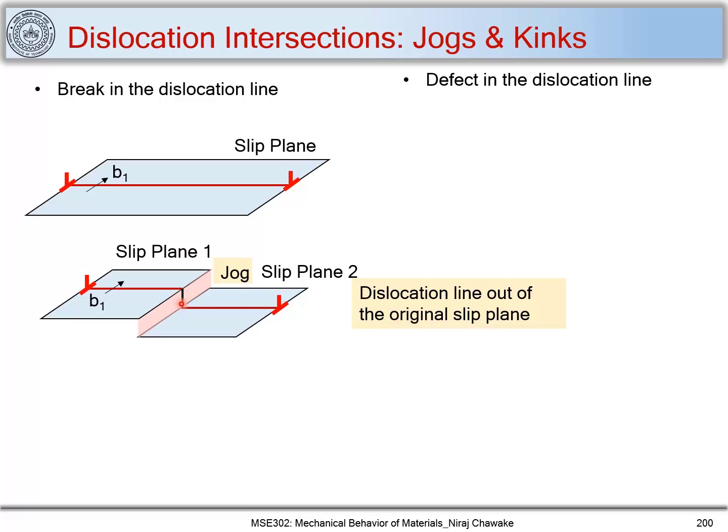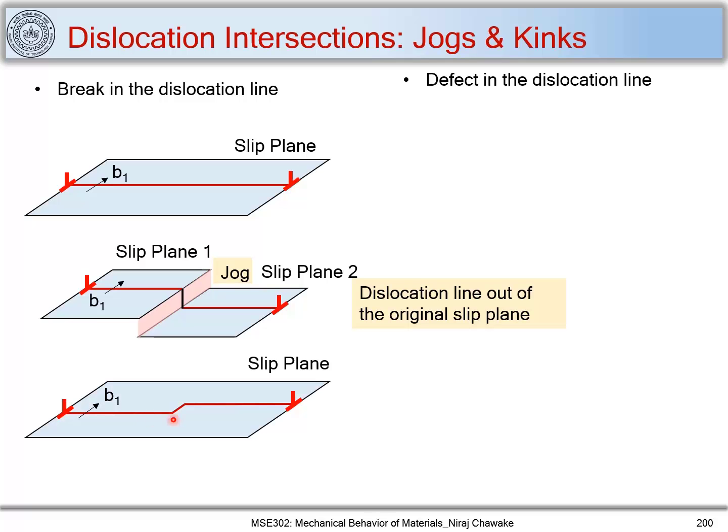So this break in the dislocation line is out of the original slip plane, and such breaks are called jogs. There is another way of making a break, and this break is shown over here. You have a break in this dislocation line, and you can see that this break stays on the same slip plane.